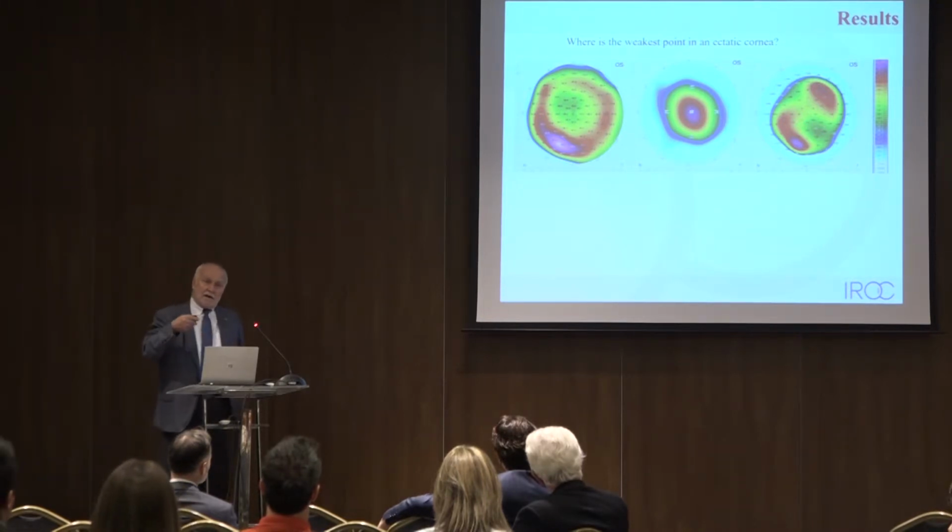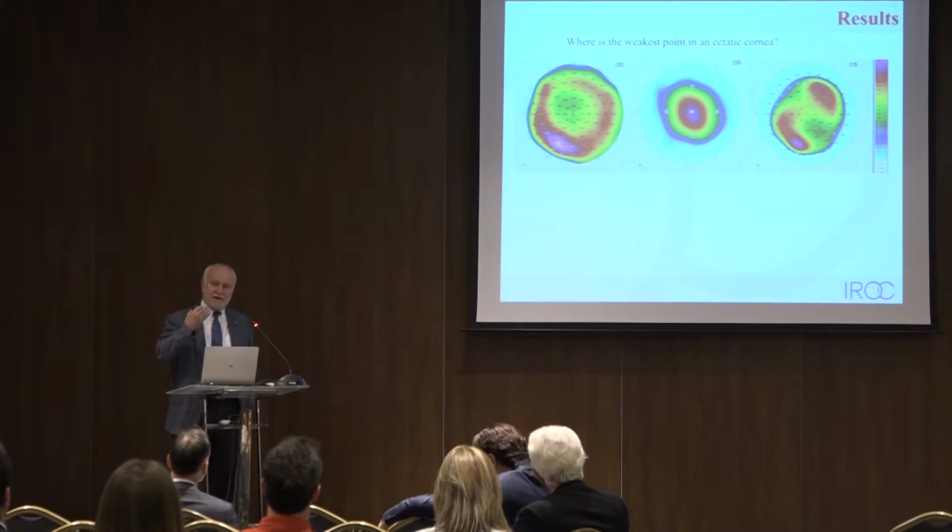Since we have that cooperation with Yale and with Harvard Medical School development laboratories, we got the Brillouin measurement machine to Zurich for 3 months. Brillouin spectroscopy measures the elasticity or stiffness of the cornea optically without touching it.